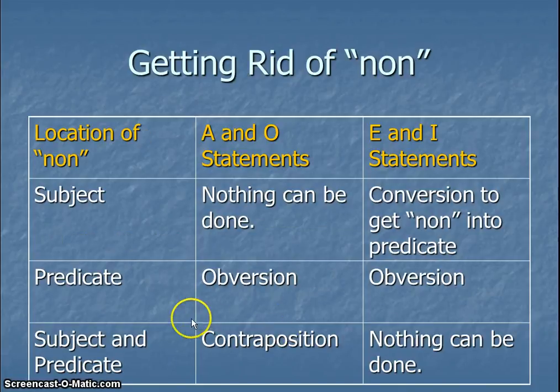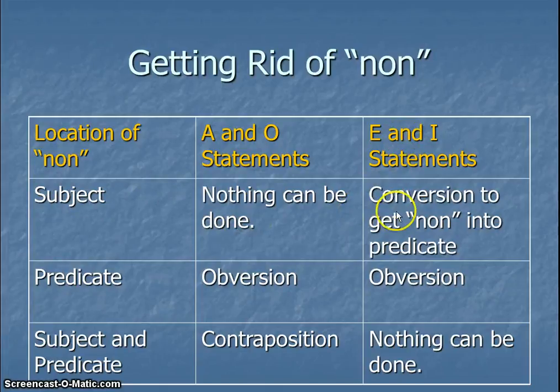So here's a little chart you might want as a reminder. Once again, let me remind you that on pages 224 and 225 of the textbook, you have a little chart that tells you the truth value: if you convert it, obvert it, or contrapose it, what statements it works on and what statements it doesn't. If I have a non in my subject, with an A or an O statement, I can't do anything about it.